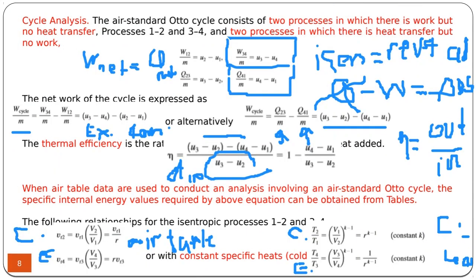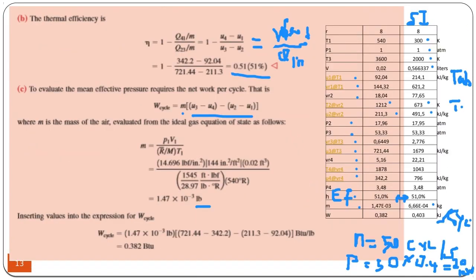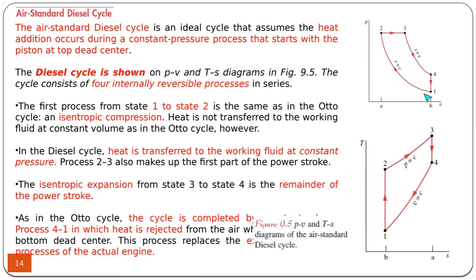On the other hand, in diesel engines, at the beginning of the compression cycle, we have air only. So the gas inside the cylinder at state 1 is air only, and air only is compressed. At the end of the compression process, fuel is injected into the air, which is already at a very high temperature and pressure.